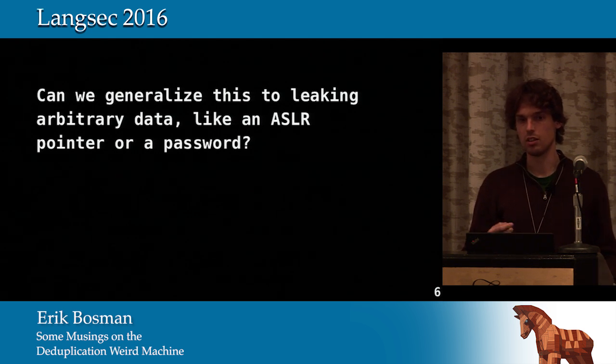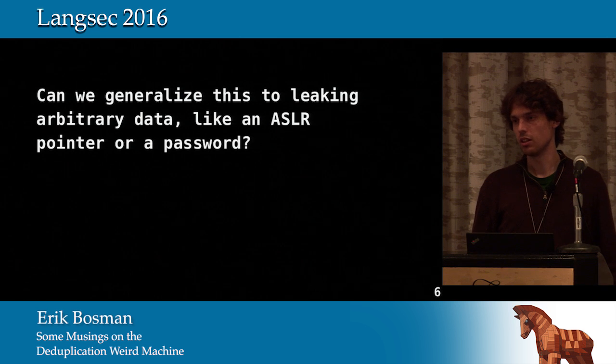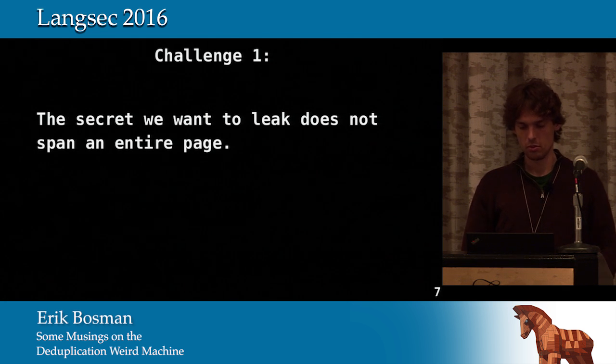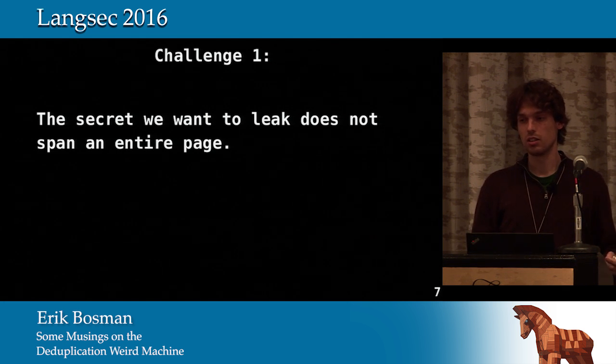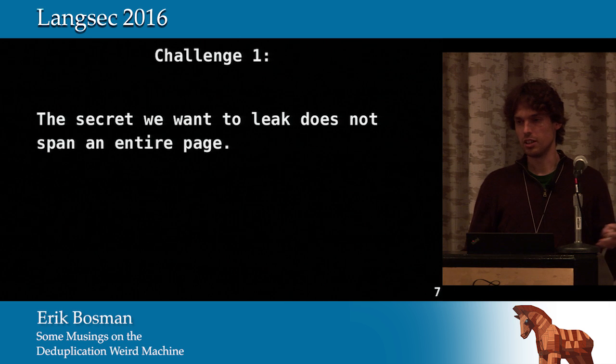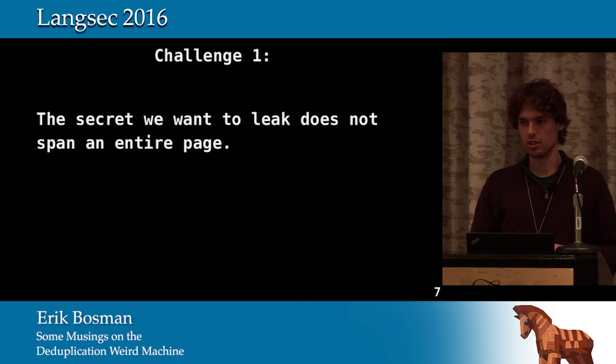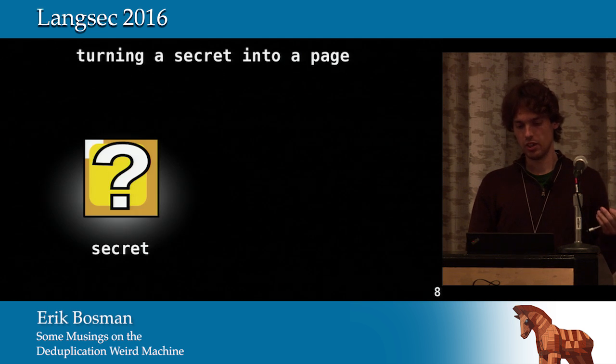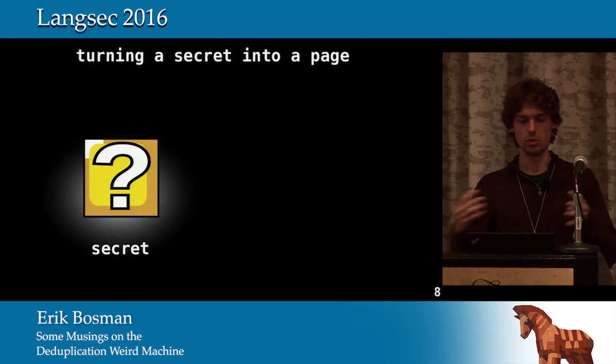So can we generalize this to leaking arbitrary data? Turns out in some cases you can, but there are some problems with this, because the secret you want to leak might not be the size of a page. So you need to have a way to encode a secret into a page.